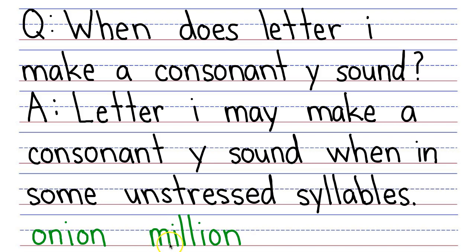M says m, I says i, L-L says l, the second I says y, because it's in an unstressed syllable, where this O is making an unstressed vowel sound, a schwa sound, and then the N says n. I, O, y, n. Million.